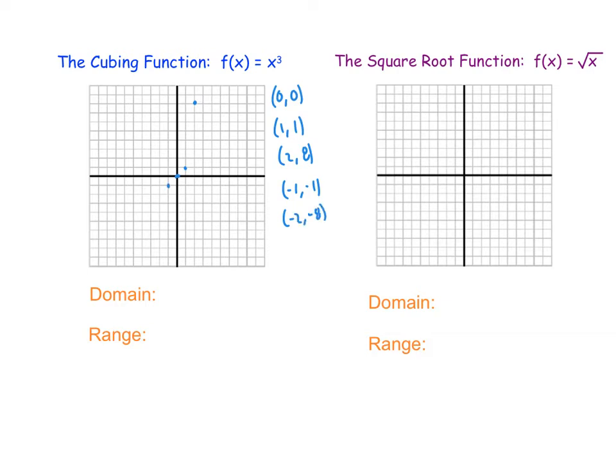So what does the cubing function look like? It's how you're going to memorize it. I like to think of it as a stretched out vertical S. Okay, that's how I remember it, stretched out vertical S. Domain, so what's our leftist point?